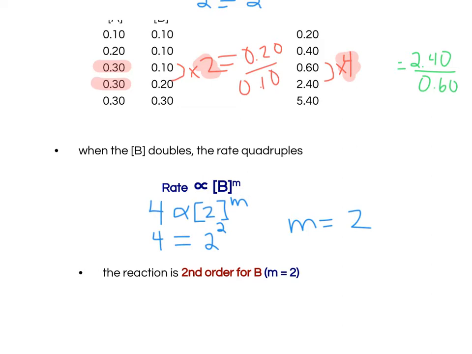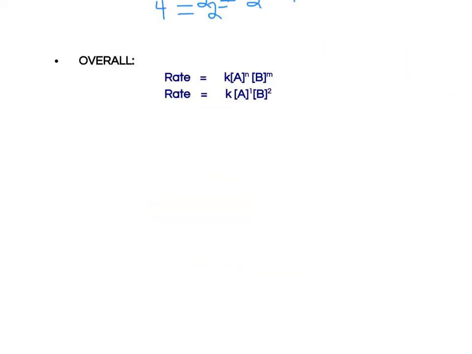Let me explain what I mean. So far, we know the rate law is this thing right here, and we can now say with a certain amount of certainty that we can include the values determined for n and for m in our rate law.